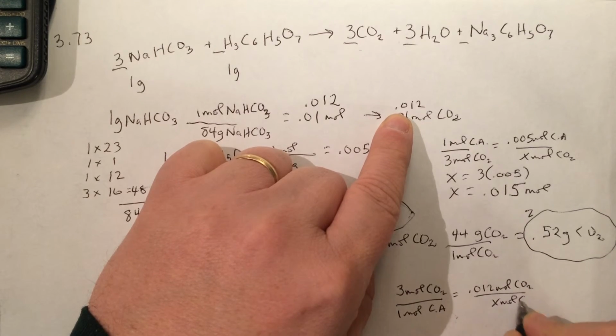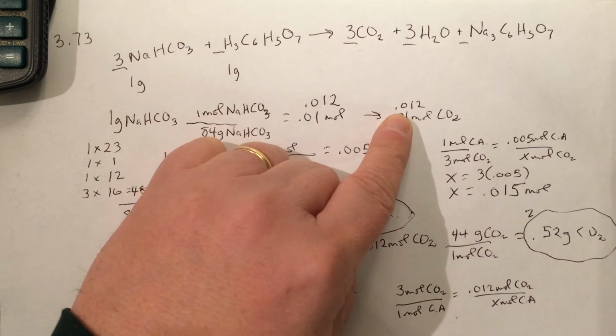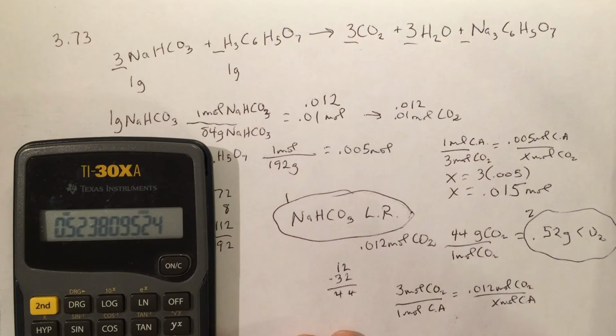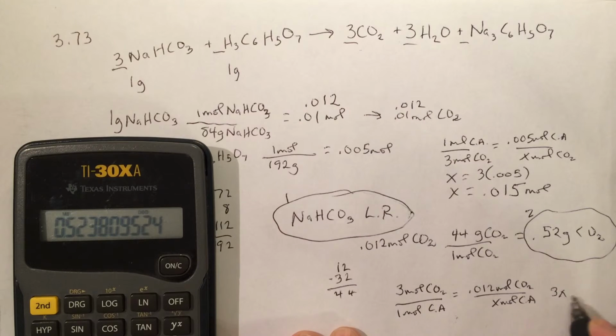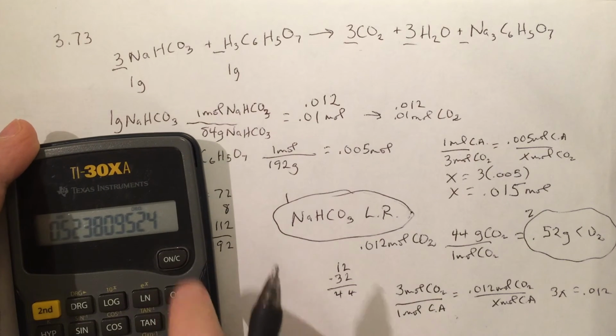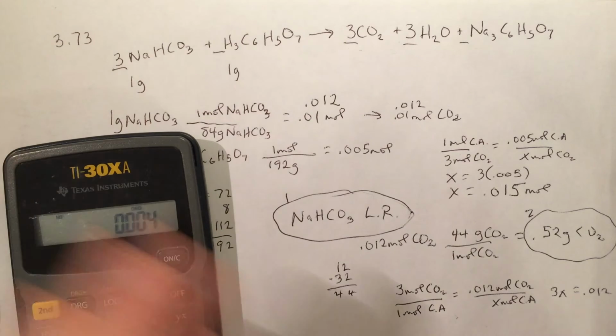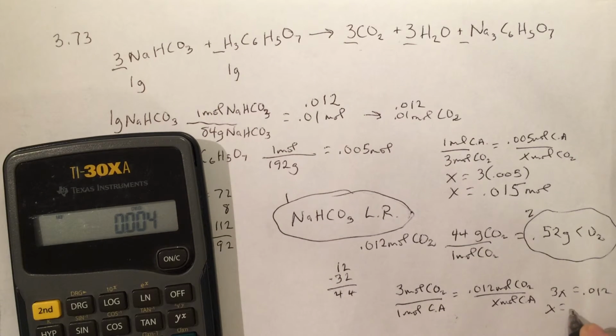How many moles of the citric acid were required? So this is 3x. 3x equals 0.012. 0.012 divided by 3, x equals 0.004.